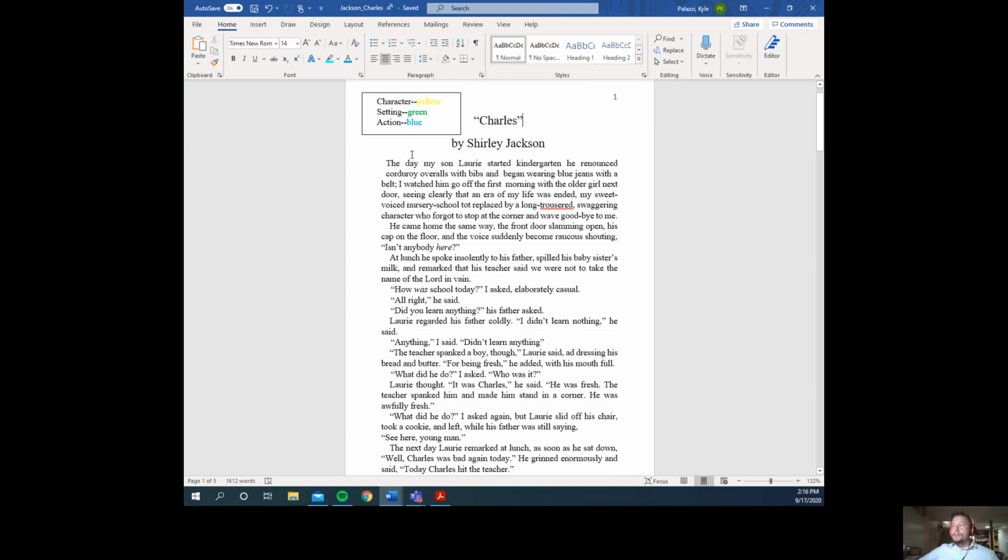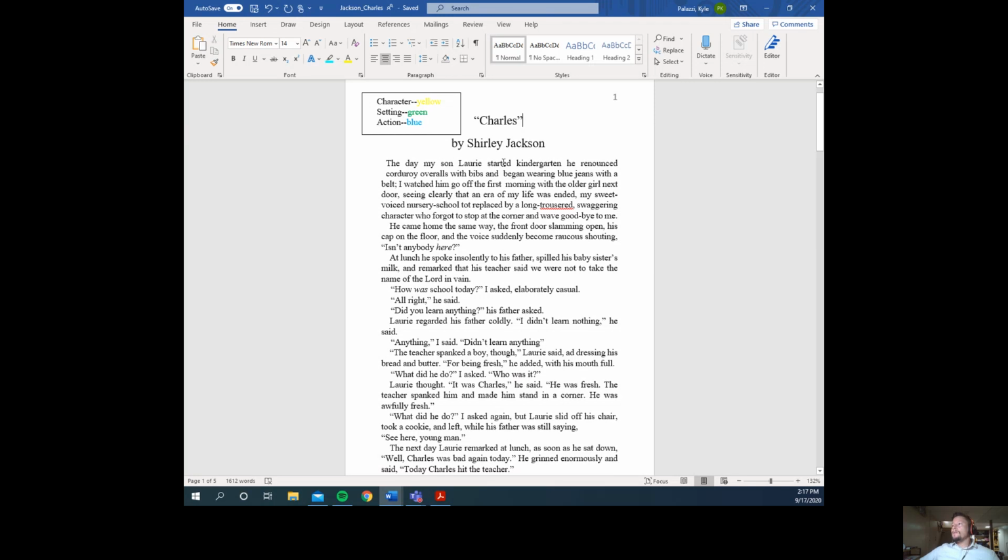I'm going to stop right here because we get a lot of information about the characters. We are introduced to Laurie and the mother, as we talked about in class. But what I want to focus on is the characterization of these characters. So this first sentence, the day my son Laurie started kindergarten, he renounced corduroy overalls with bibs and began wearing blue jeans with a belt, tells us a lot about the character of Laurie.